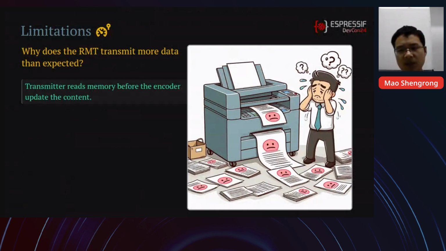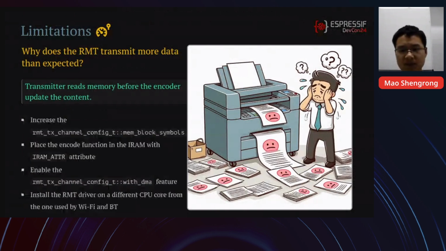If the RMT encoding process spends too much time or is delayed by latency, the transmitter reads data that is outdated. The issue is hard to eliminate because we can't command the transmitter to pause and wait during one transaction.